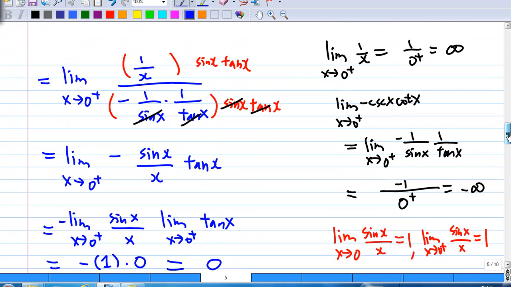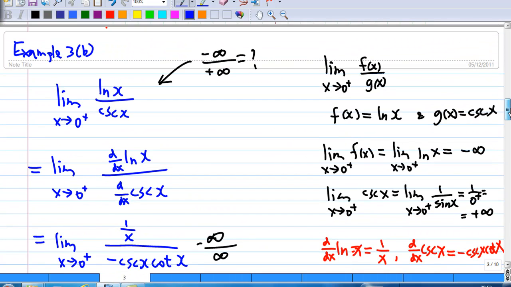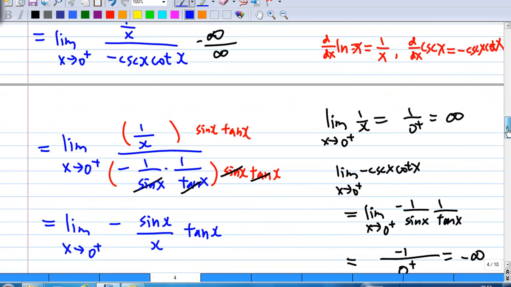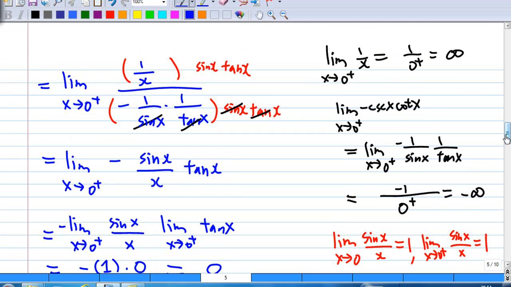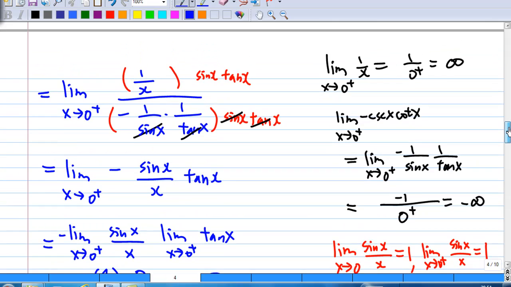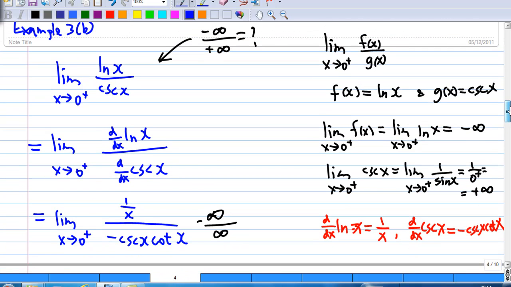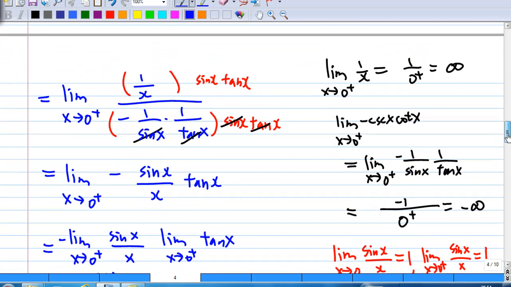Therefore, the limit of ln x over cosecant x when x approaches 0 plus is equal to 0. So we only use L'Hopital's rule once, because the second time, when you have 1 over x over minus cosecant x cotangent x, although you also have the infinity over infinity indeterminate form, you need not apply L'Hopital's rule, because I can simplify it.